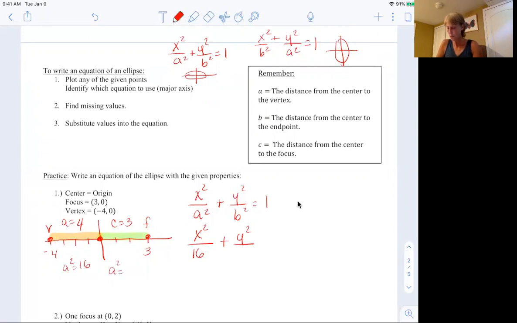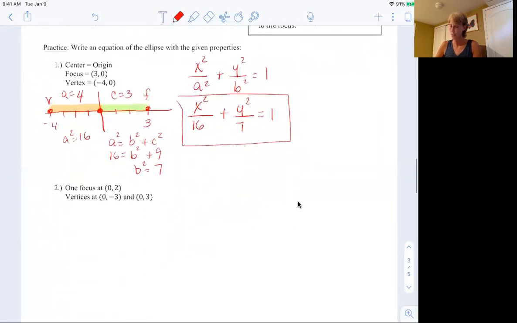A squared equals b squared plus c squared. 16 equals b squared plus 9. So b squared is 7. I don't even have to find the square root because I'm just popping it right into the equation. And that's how we work backwards and find an equation.